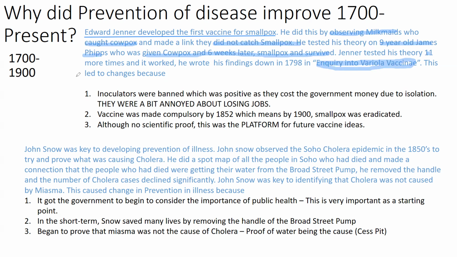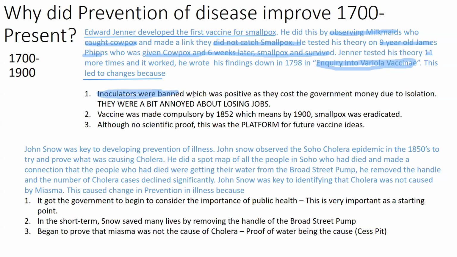But why did it lead to change? If you don't remember this, that's a problem, because you'll get half marks for descriptive stories. You'll get full marks for understanding the change. So inoculators were banned. An inoculator is what people used before this.